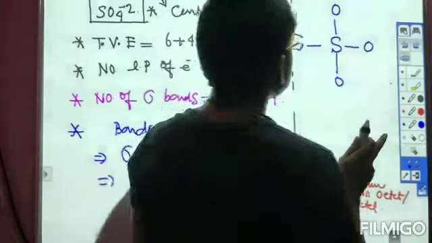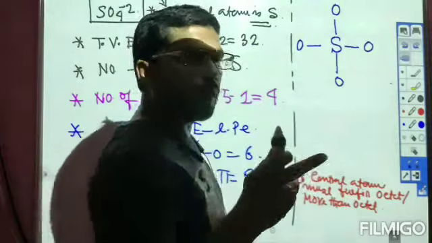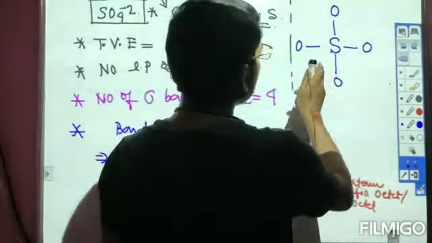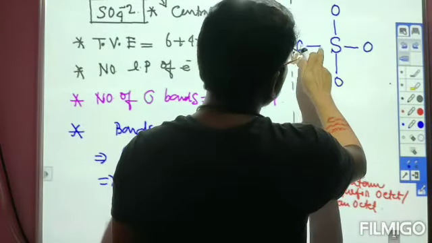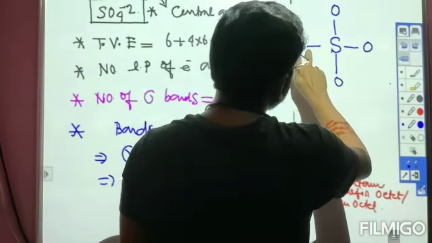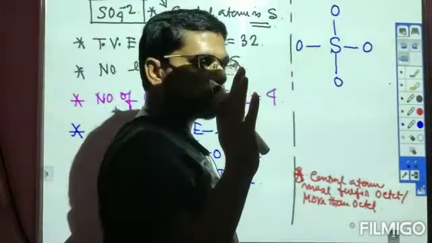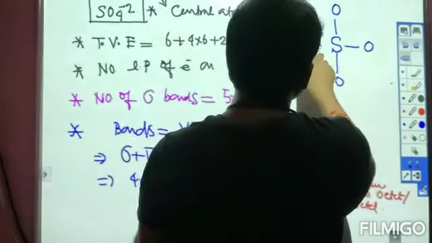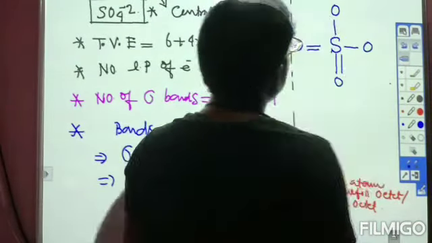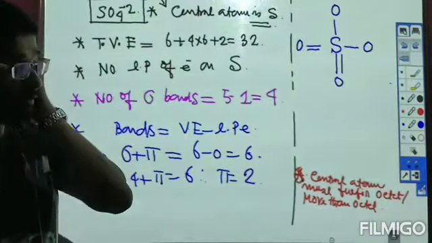Now these 2 pi bonds you can put or form either here or here or here or here. It does not matter. I did it here. I will do it like this.